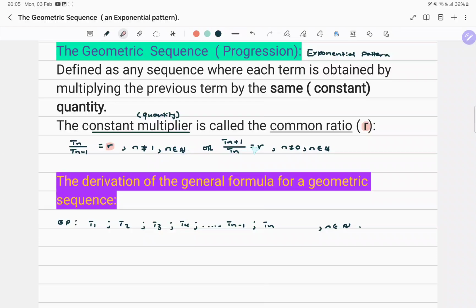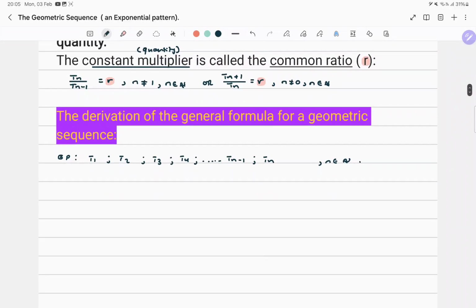Okay, and of course there's more than one way to look at something, but pay attention to what restrictions you may need, because the examiners can bring this up and force you in a path that you have not thought about. So always keep an open mind. Okay, so we understand that essentially term 2 divided by term 1 is equal to R. That gives us our first equation.